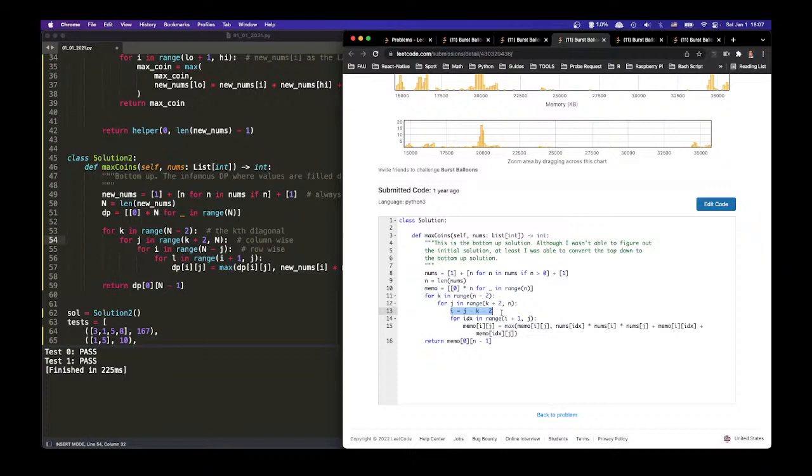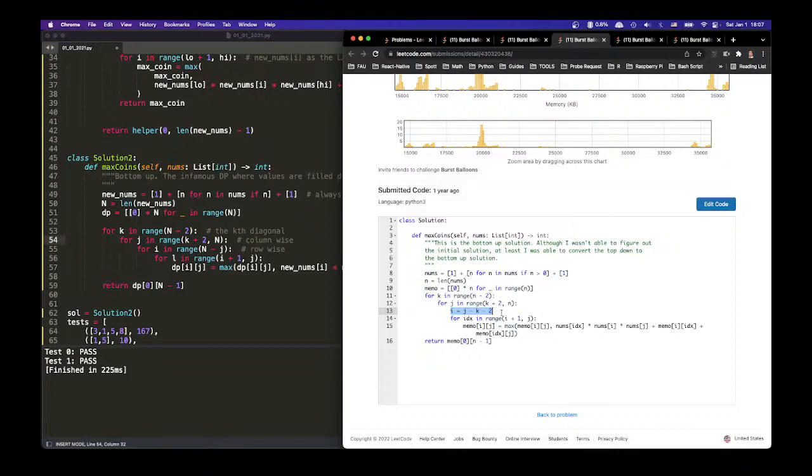Aren't we supposed to compute like 0, 2? So 0, 2 requires this, and then 0, 3 requires 0, 1, 1, 3, and 0, 2, 2, 3.